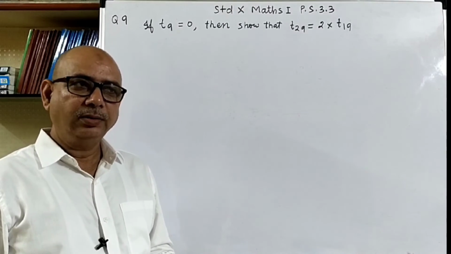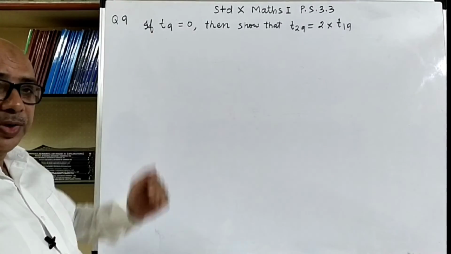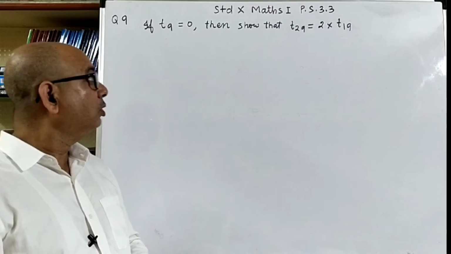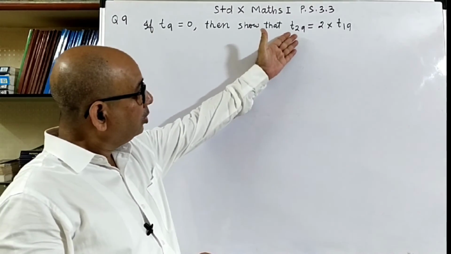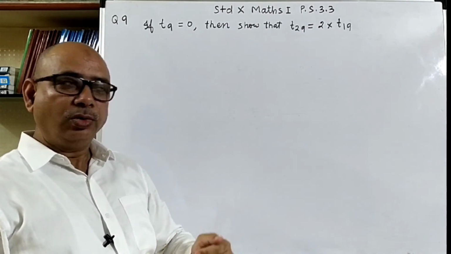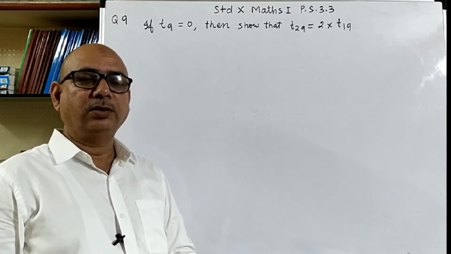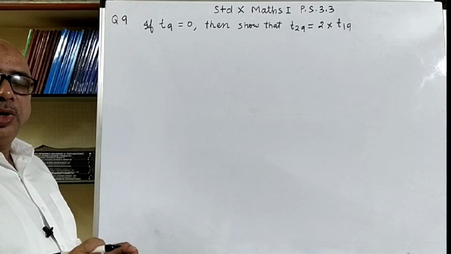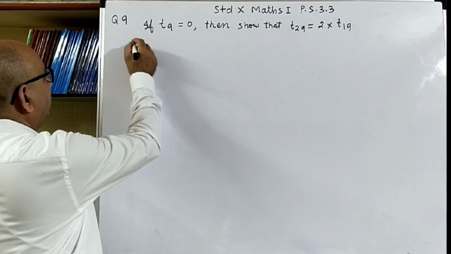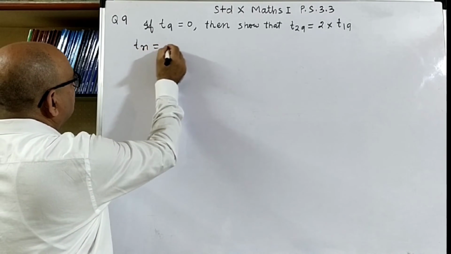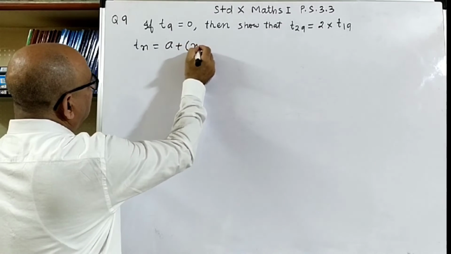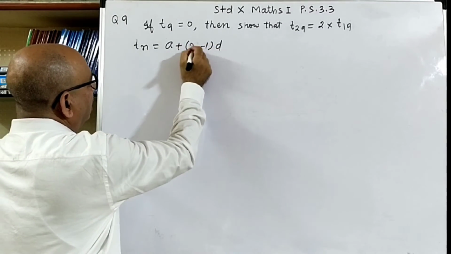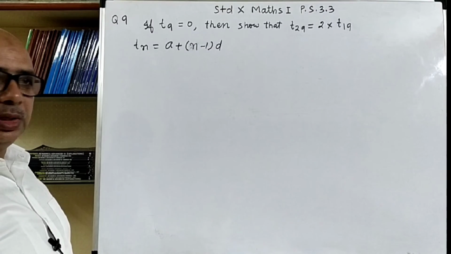Question number 9. If T9 of an AP is 0, that means the 9th term of an AP is 0, then show that the 29th term is equal to twice the 19th term. T9 is equal to 0. Let's write down the formula of the nth term. Tn is equal to a plus n minus 1 d.